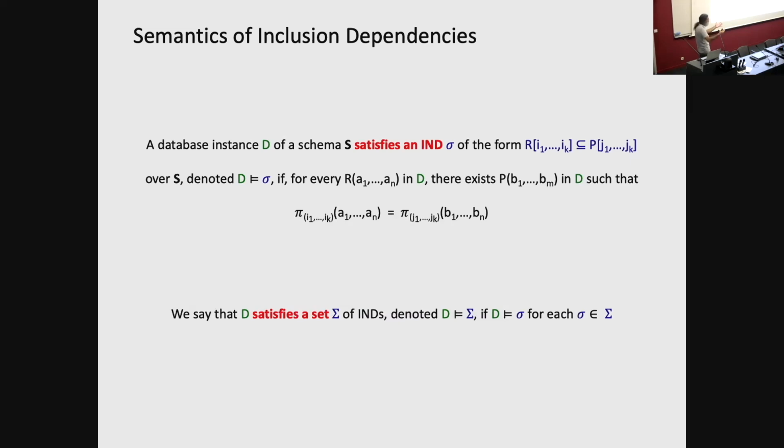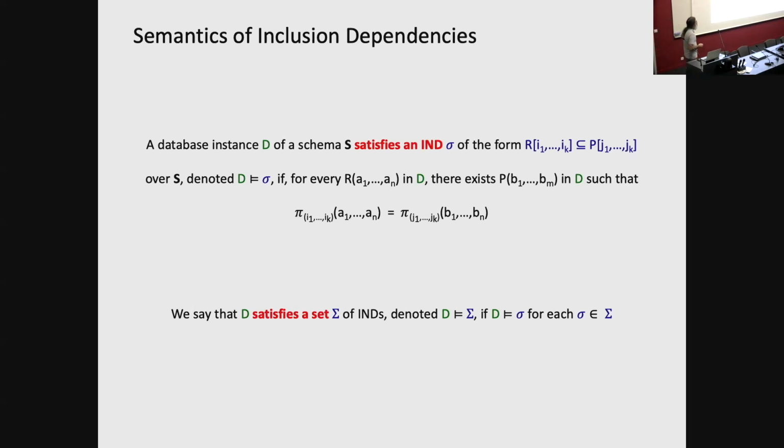I'm just defining when a database satisfies this set, and I'm just saying that this set is satisfied if every single constraint in there is satisfied. So I'm not posing any minimality condition here. I don't care about the redundancies here. I'm not getting into these kind of things. Let's not complicate things. I'm just referring to a set of constraints.